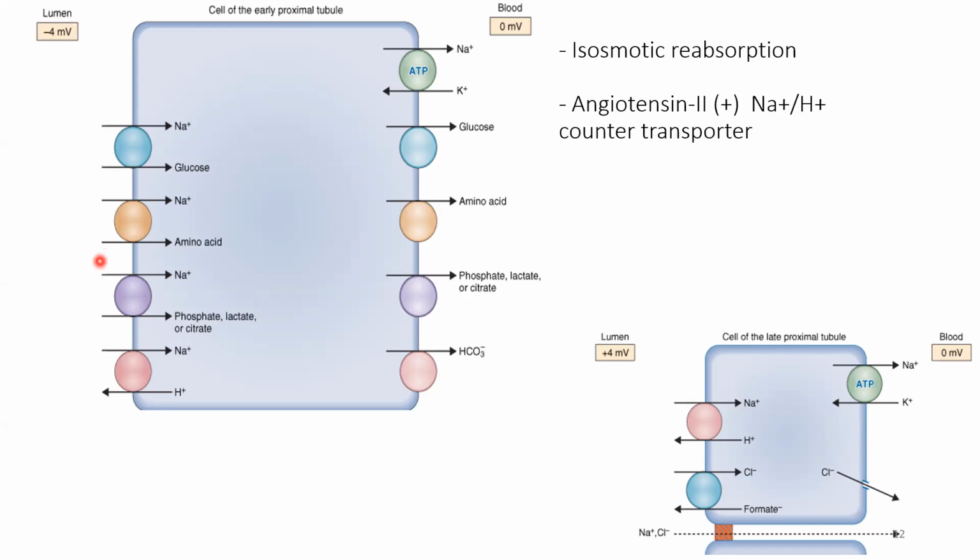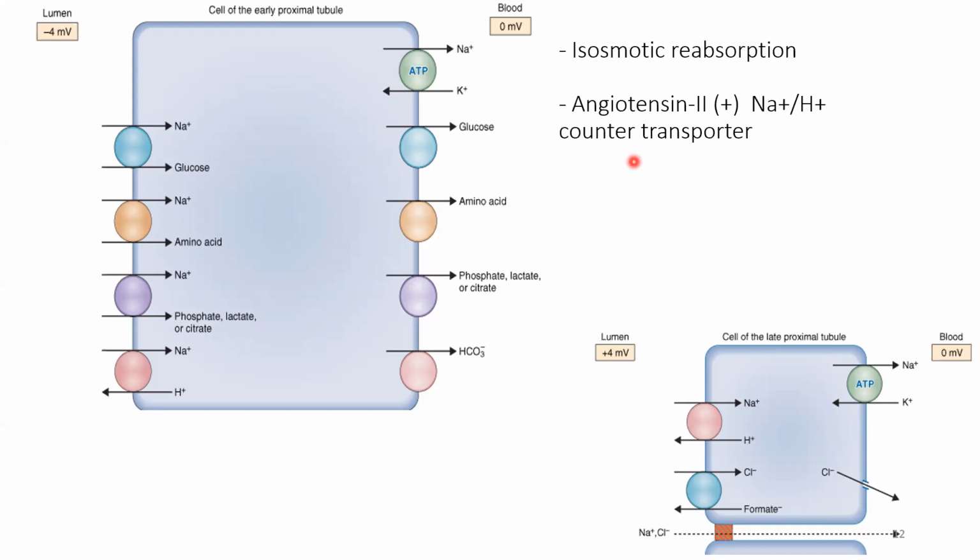Sodium and water have been reabsorbed together. So this is called iso-osmotic reabsorption. Okay, it's very important later on for us to differentiate between this type of reabsorption and what happens later on in the loop of Henle, and then in the DCT as well. Okay, so this is an important point to note.